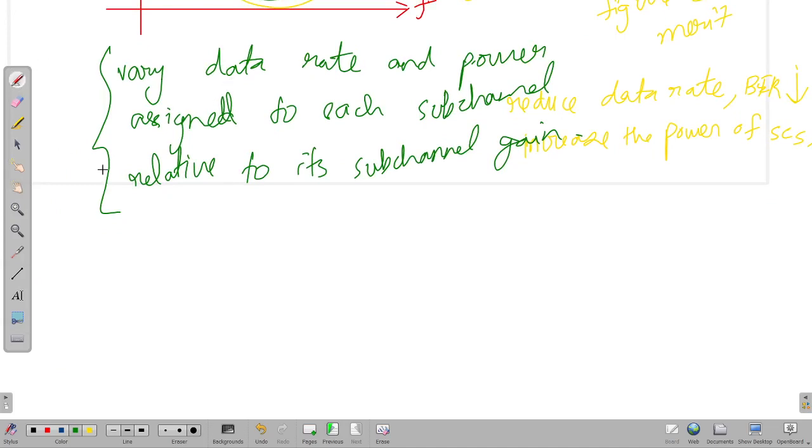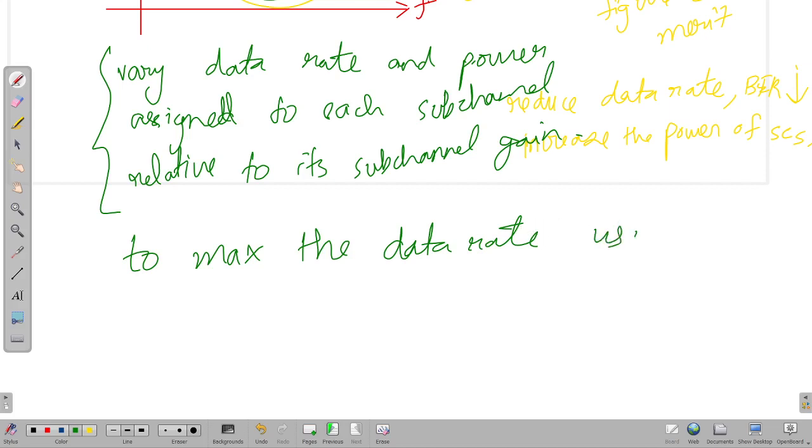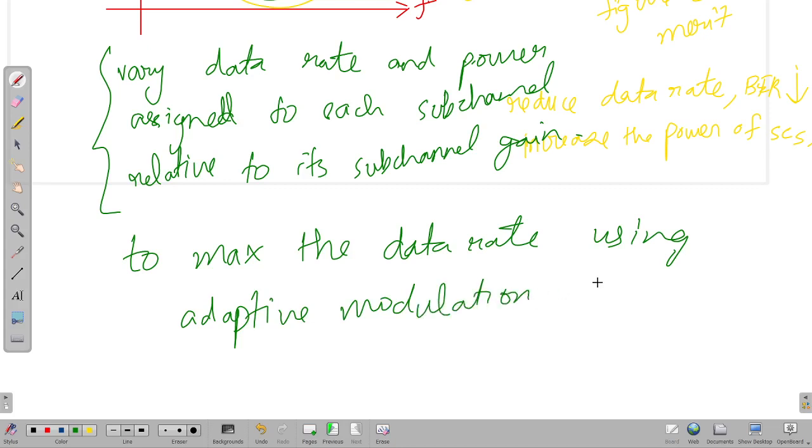The data rate and power are varied to maximize the data rate using adaptive modulation, such as variable rate, variable power.